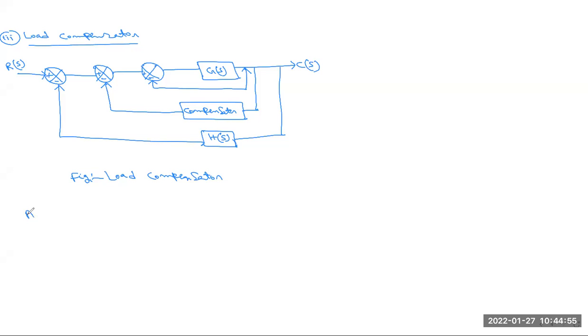So we have to write, a combination of series and feedback compensator is called load compensation.